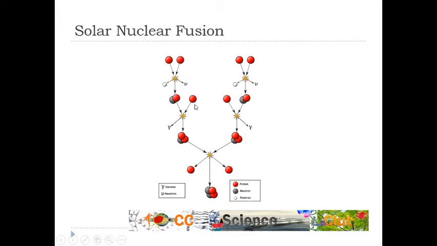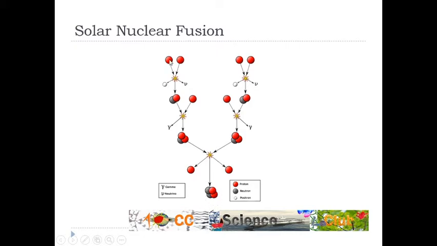Then again it combines with another proton, which is another hydrogen, and forms this thing over here, which is helium 3. And this is also helium 3. These two come together with the emission of two protons to form one helium atom.